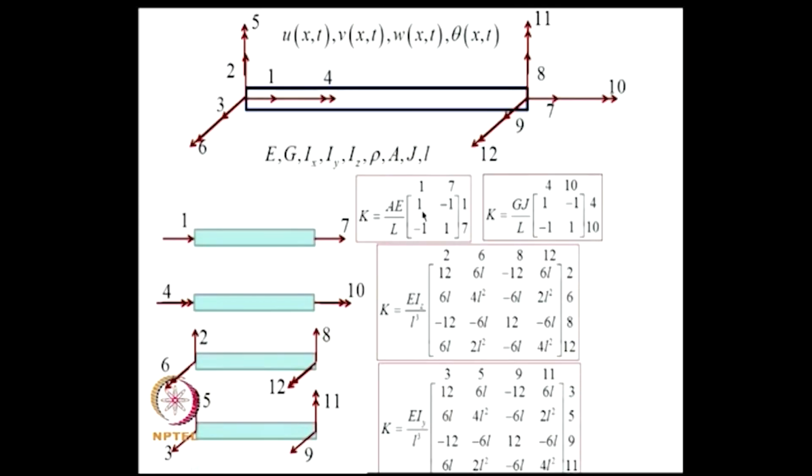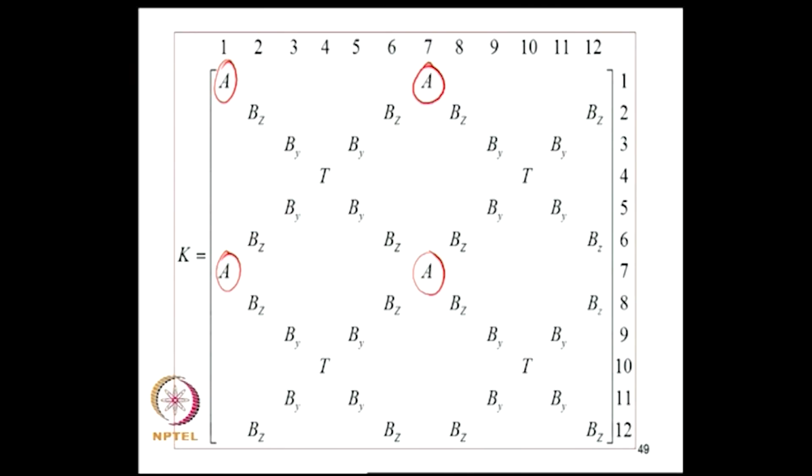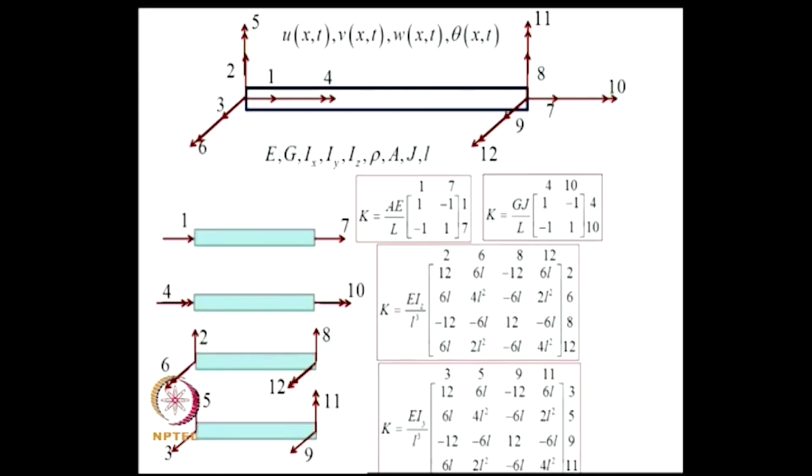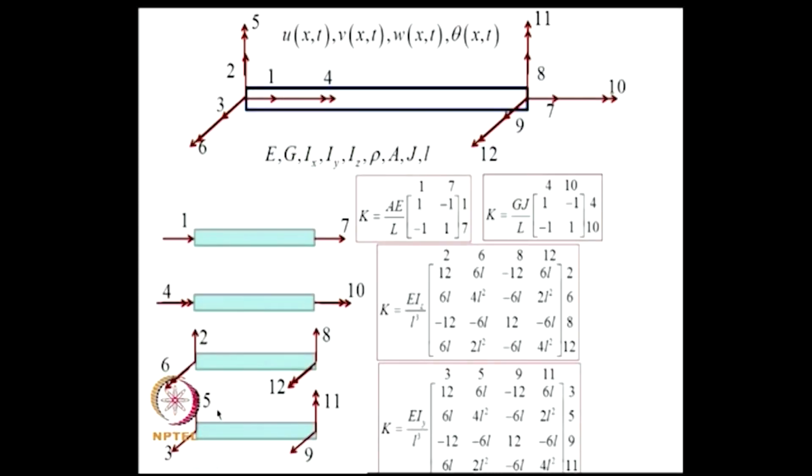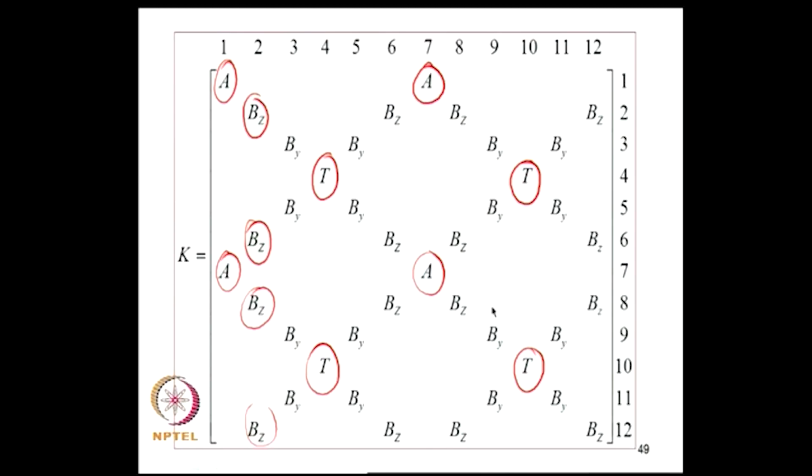Now, similarly, if we look at 4 and 10, we have twisting. You can see here for 2, 6, 8, 12, it is bending about Z, so that populates Bz. And finally, if you see 3, 5 and 9, 11, you get By.